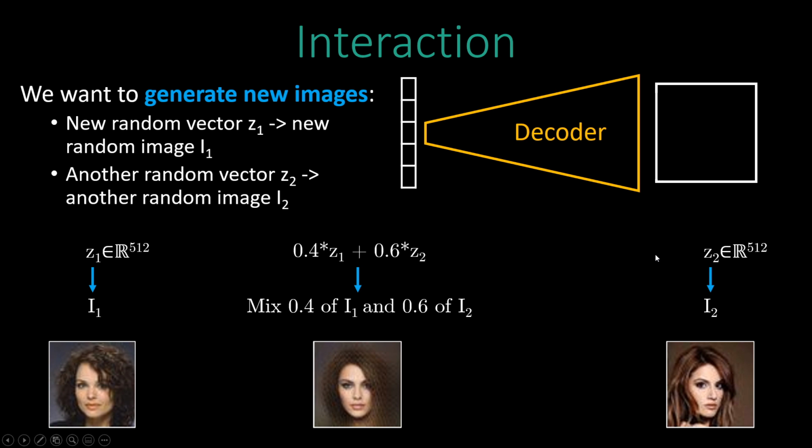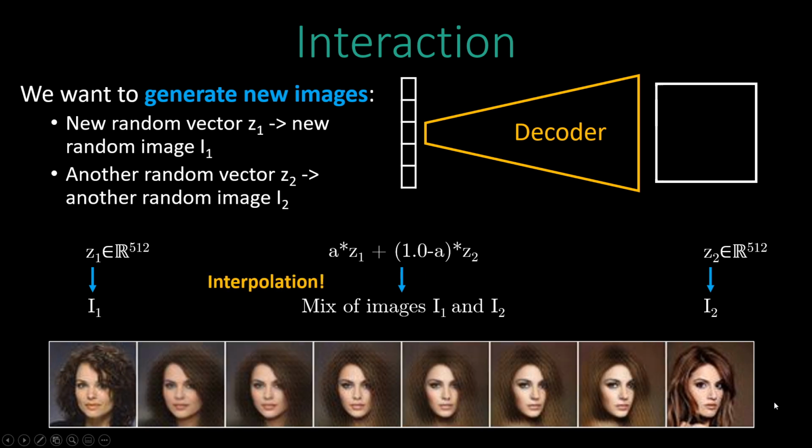If we throw this mixed vector into the decoder, it will create an image. Of course it will. Any vector that we throw in will create an image. But the properties of this image will be that it is also a mixture of these two original samples.